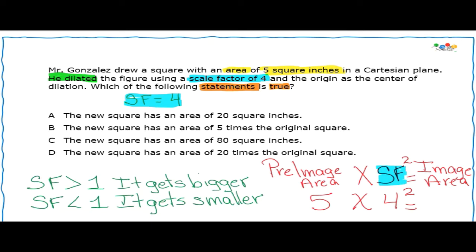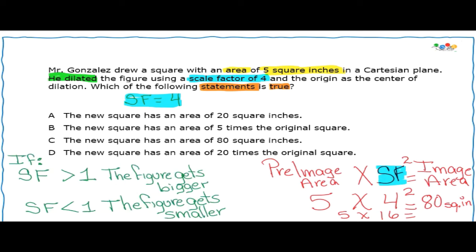So let's see what answer we have. I know you have a calculator. Just want to remind you that 4 to the second power is 16. Very good. That's what it means. And my answer will be 80, and we say square inches.